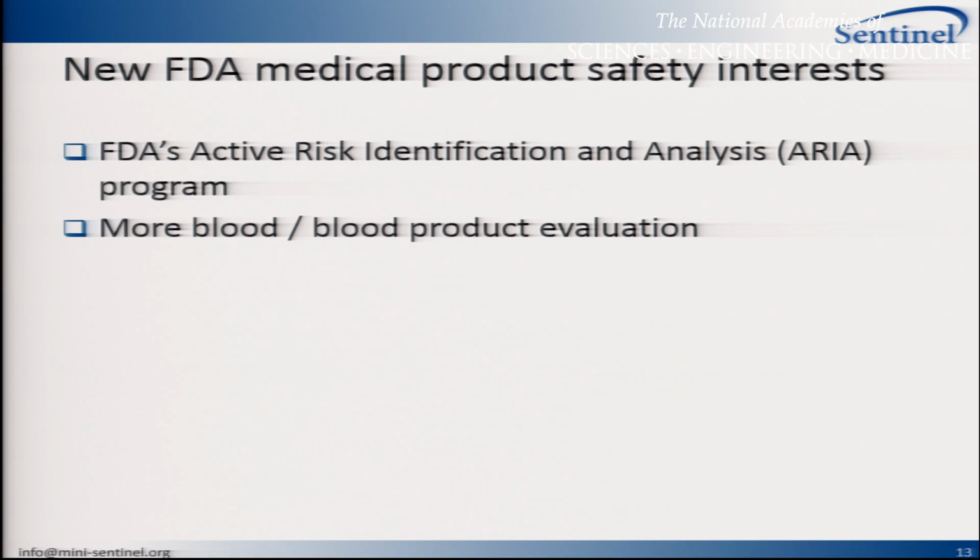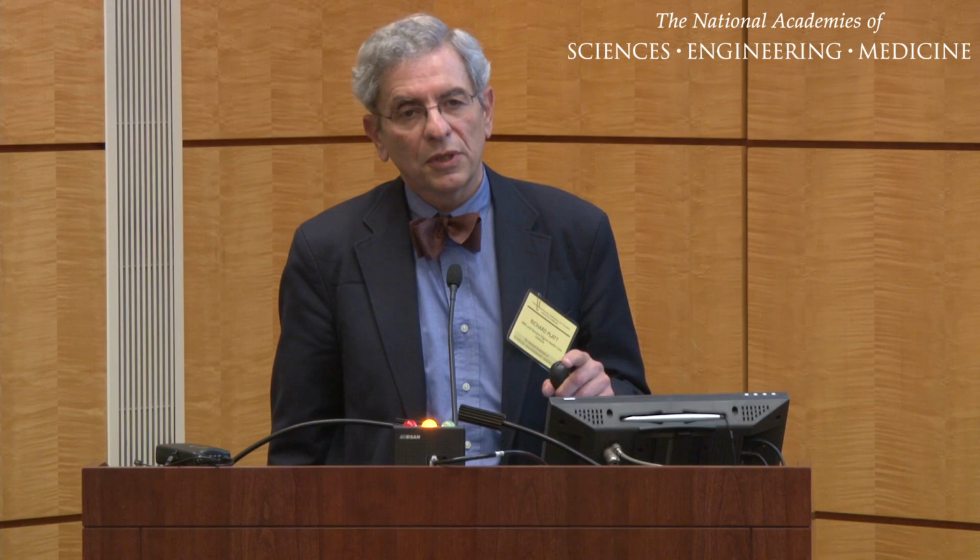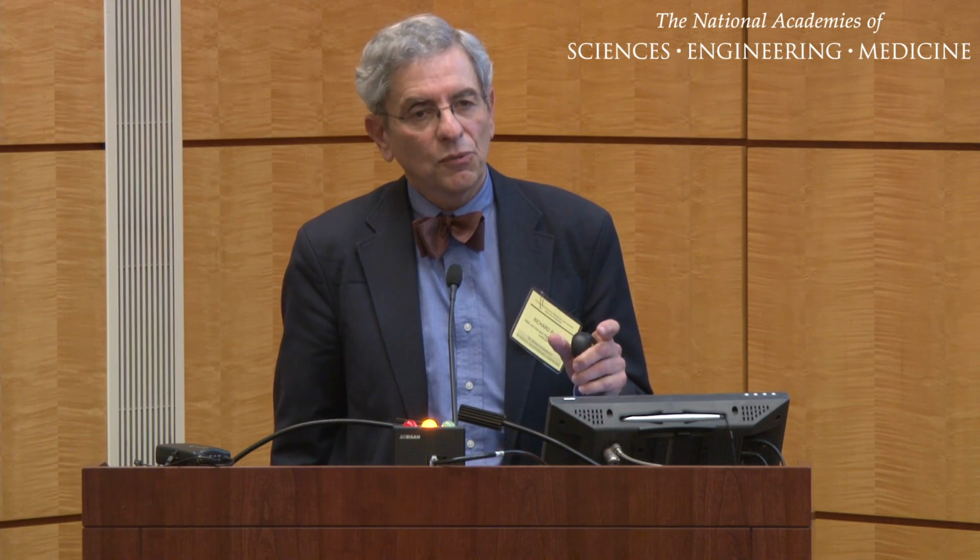In the Center for Biologics, we've been focusing mostly on vaccines, and they've asked us to build a stronger program in blood and blood product safety investigation, and that's a principal driver of our bringing on the Hospital Corporation of America, because most of the blood exposures occur in hospitals, and we need that inpatient data to sort that out.